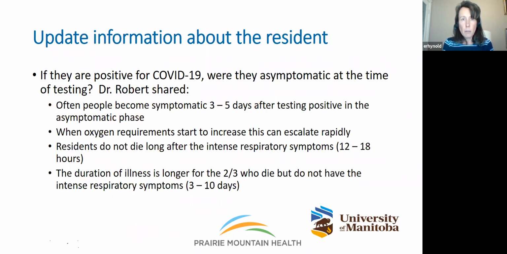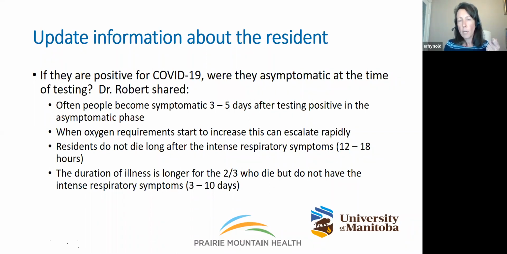So again, just want to provide you some more important information for Dr. Robert, because he actually described a high acuity presentation of some of the people who died in his facility with COVID-19, and then a more low acuity presentation.